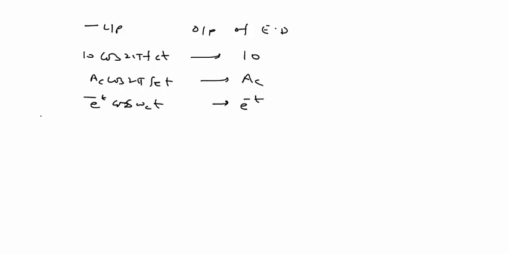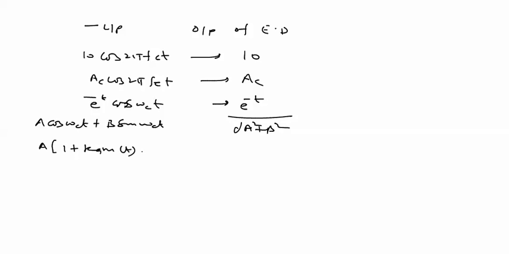If we apply a cos omega ct plus b sin omega ct, the result will be root of a square plus b square. A(1 + k mt) cos omega ct, the result is A(1 + k mt).